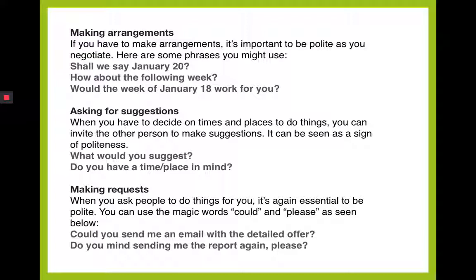Do you mind sending me the report again, please? So always have please at the back of your request, so that it can soften the request and you don't sound too direct. I mean, it doesn't sound like you are being bossy towards a person. You just want to make a request to them.